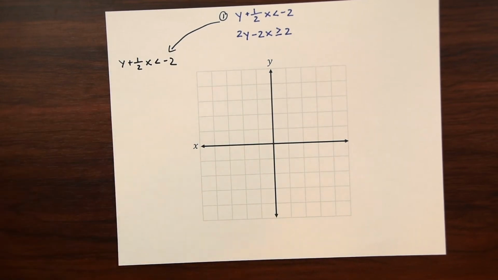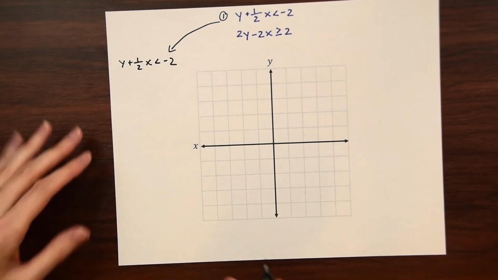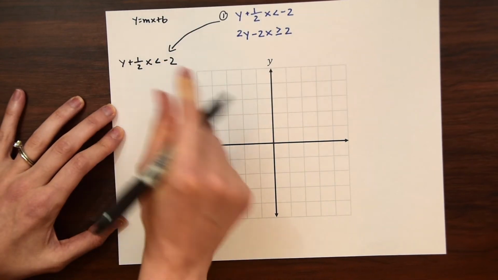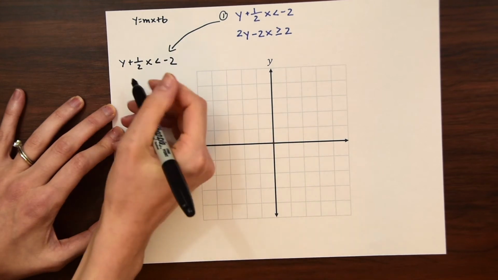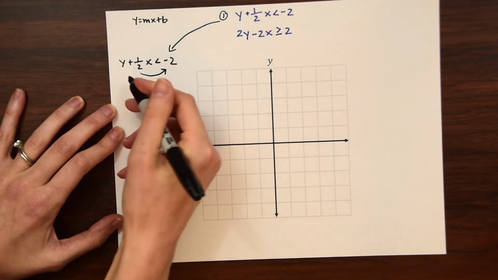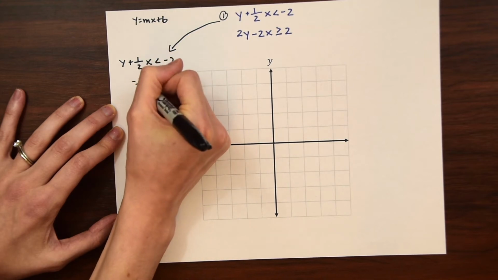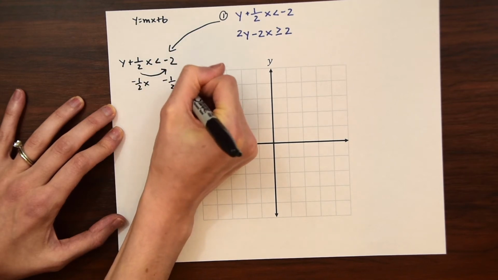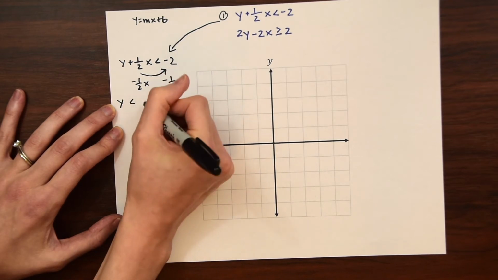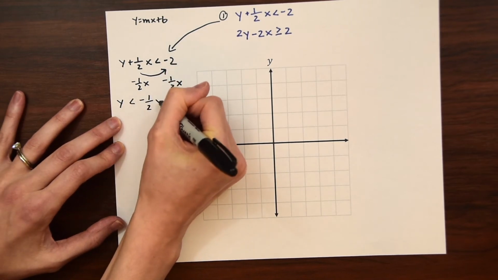The first thing we're going to want to do to graph our inequality is to get it into y equals mx plus b form. We want it in this form so we can identify the slope and the y-intercept. Notice that we just need to move over this 1/2 x. So subtract it from both sides, and then we're left with y is less than, so that less than sign stays the same, y is less than minus 1/2 x minus 2.